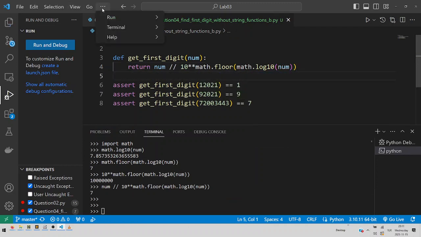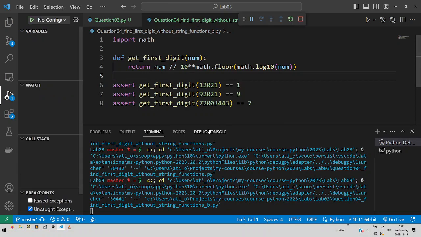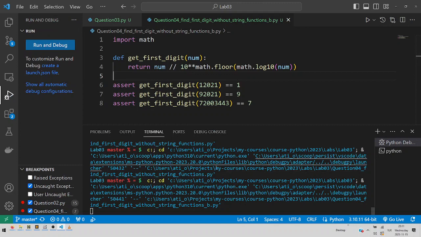If I rerun this part, this is also a solution, and the asserts should run without problem. Then these are the two solutions for this question.